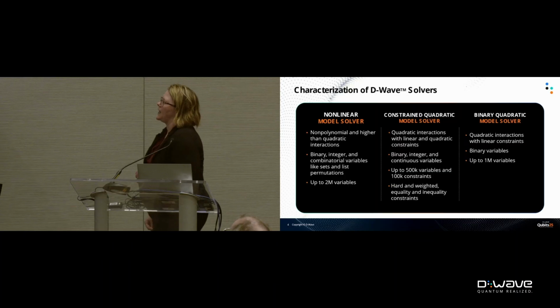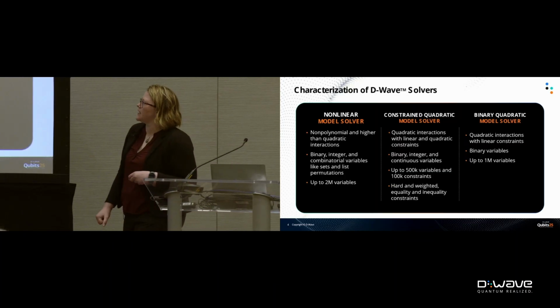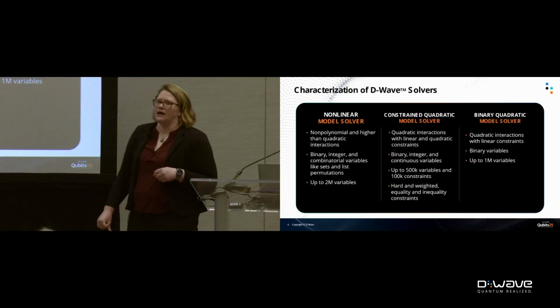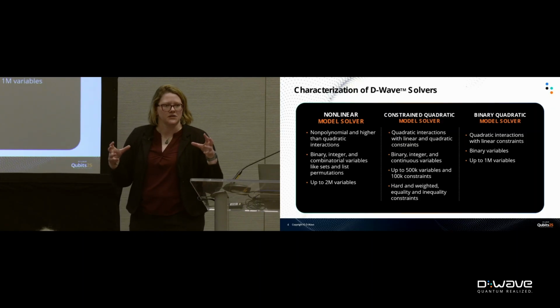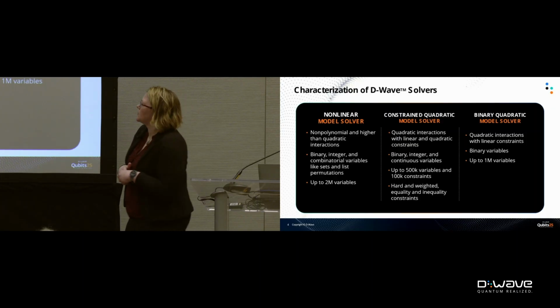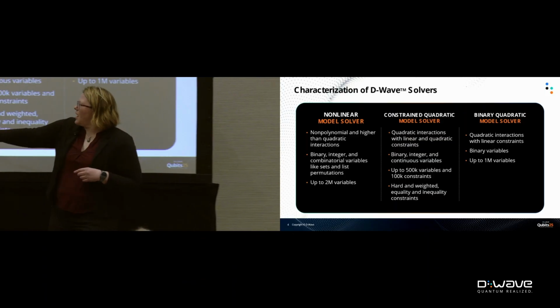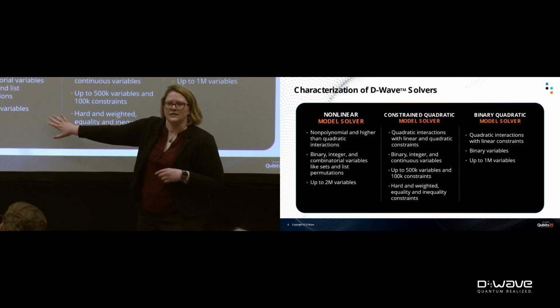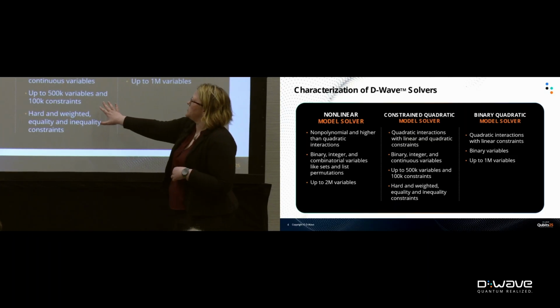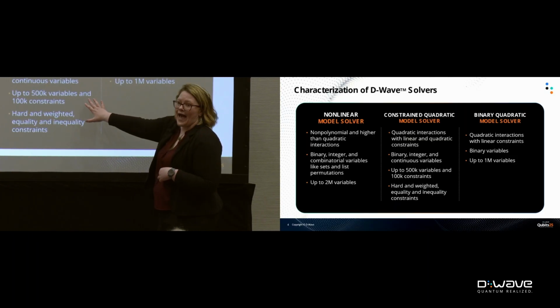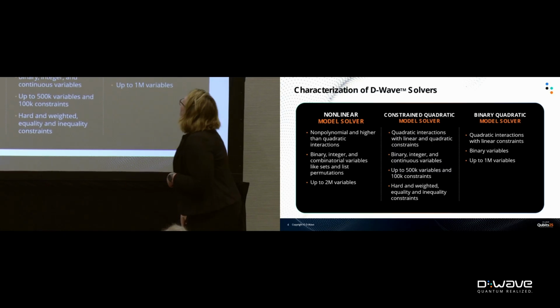These different model classes have different characteristics and different sizes of problems based off of those characteristics. So for example, for the nonlinear model solver, we have evidence of it solving up to 2 million variables in that model class. Whereas with the constrained quadratic model solver, we're able to add 100,000 constraints in that model class.